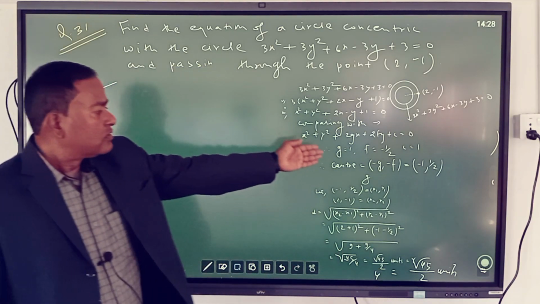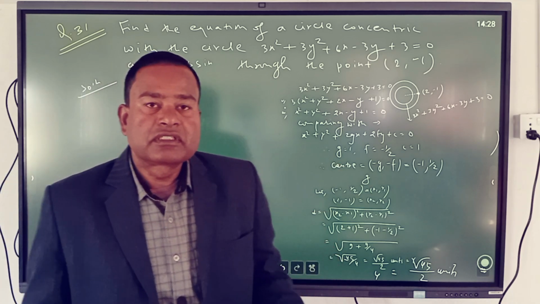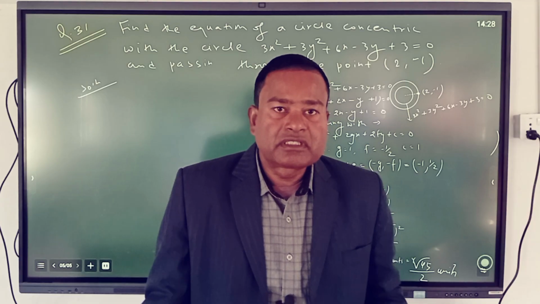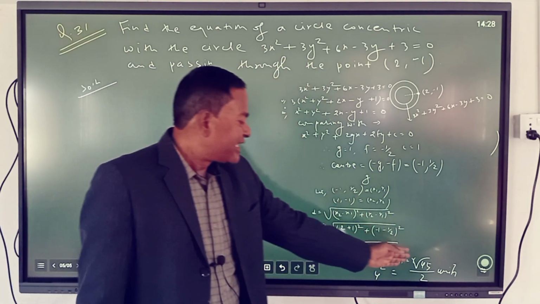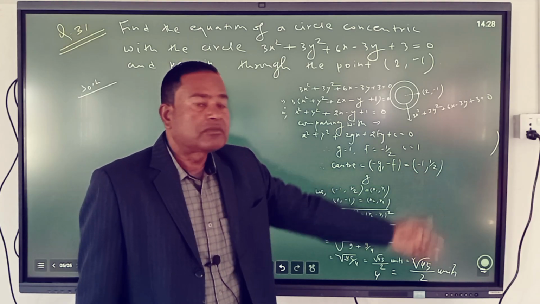Dear students, now we know the center and we know the radius. Now we are going to find out the equation of circle whose radius is root 45 by 2 and the center is minus 1 comma 1 by 2.